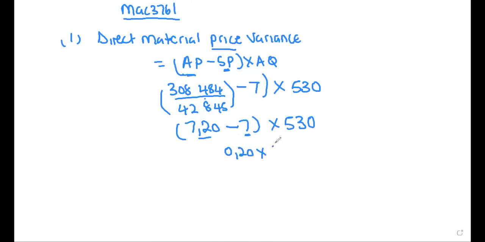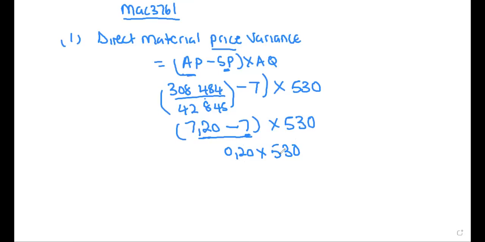If there is someone who doesn't get the sense of this part, because this is another important part, we should determine whether it's favorable or unfavorable. A cost variance is, if our budget is lower than the actual, then it means we spent more than what we were expecting. So it becomes unfavorable in that case.